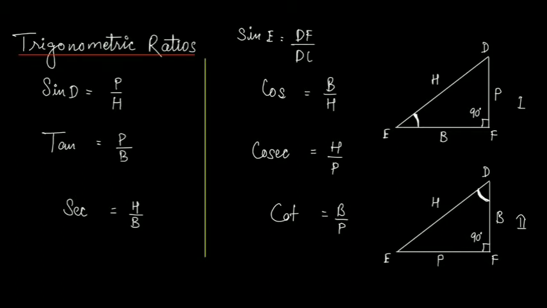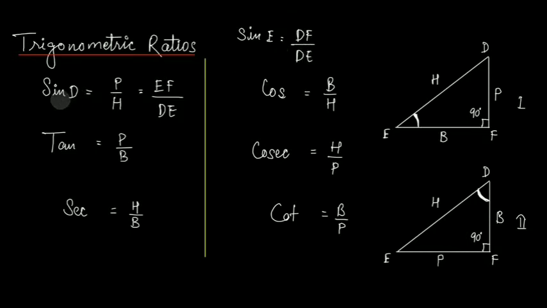So we can write sin D is equal to EF upon DE. We will do the same thing for all the remaining ratios. See here, sin D is equal to EF upon DE.